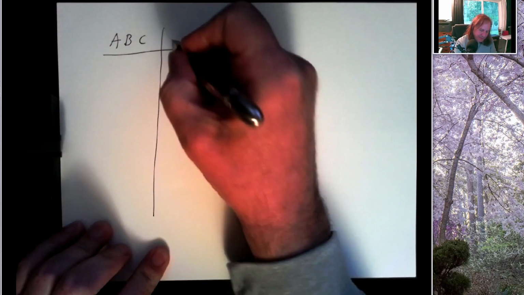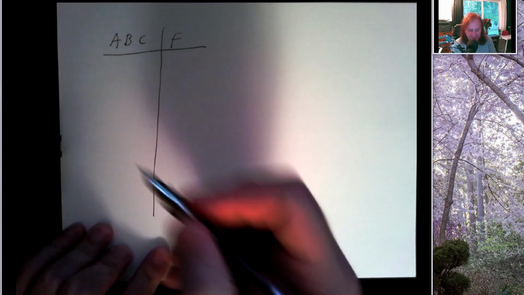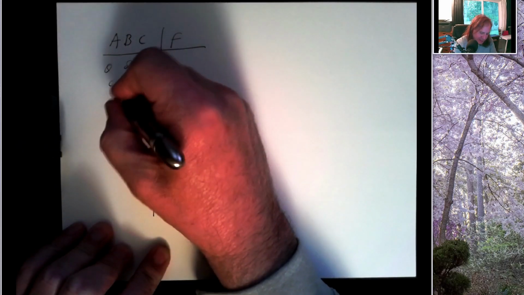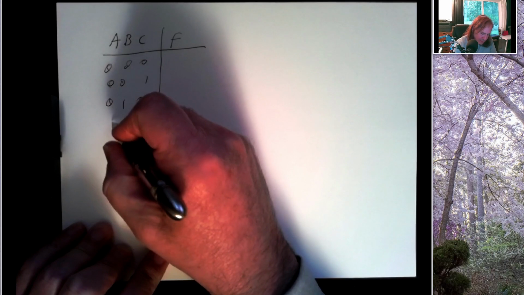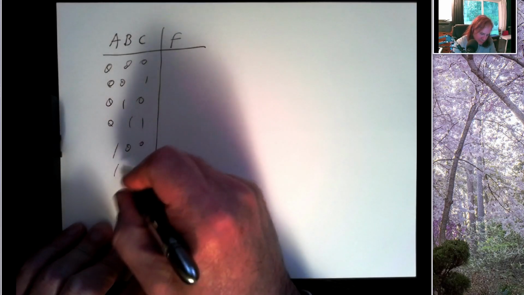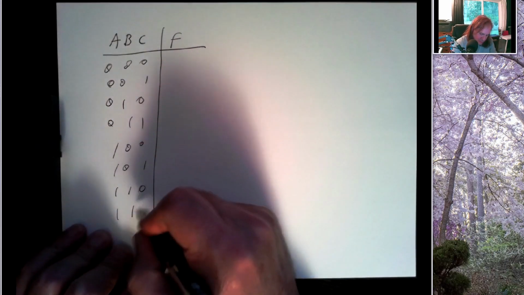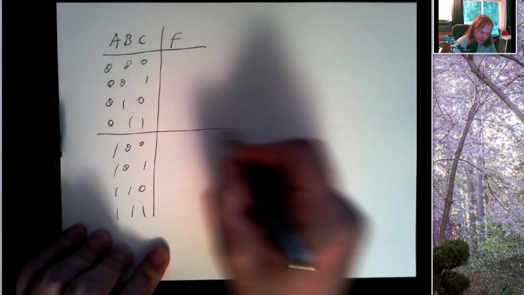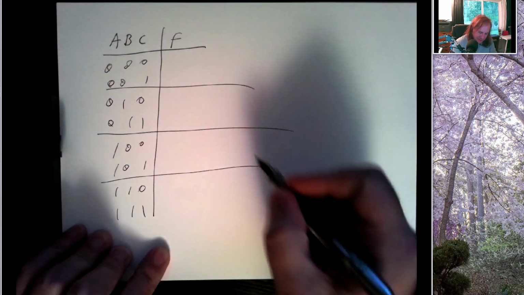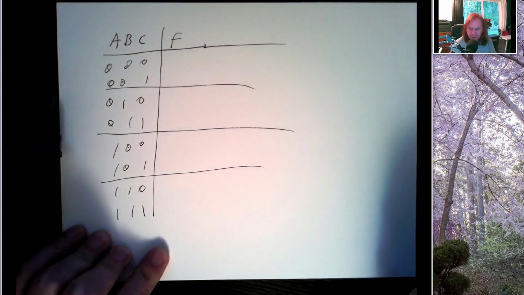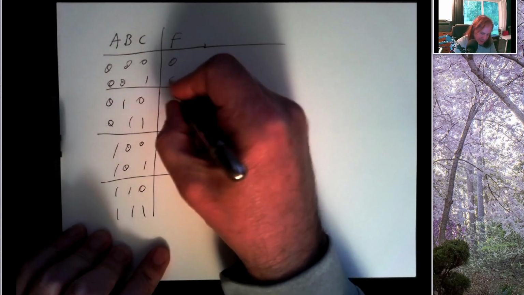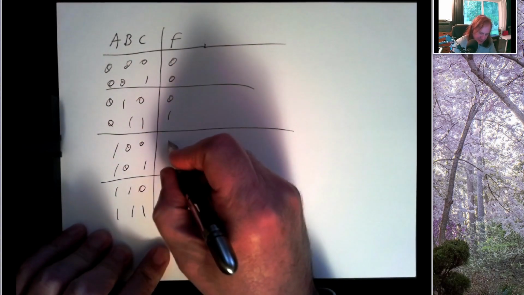Suppose I have a function of three input variables, a, b, c. And let me break this into groups of two sets of input. And let's suppose our function looks like this.